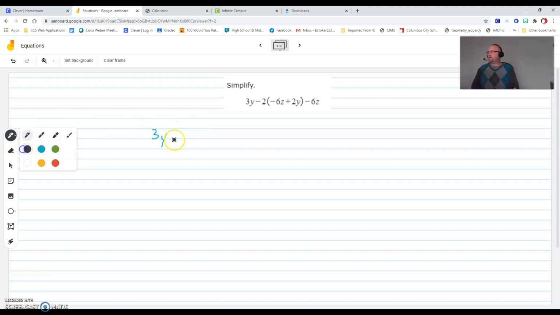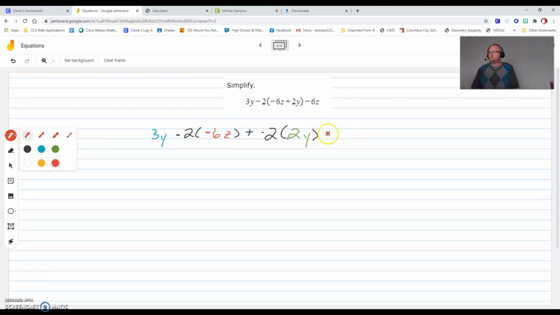But what I am going to do now is I'm going to do negative 2 times negative 6z, and then close that parenthesis, plus negative 2 times 2y, and then z's are in red.